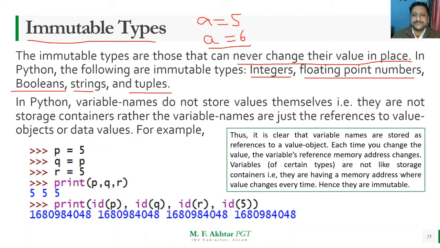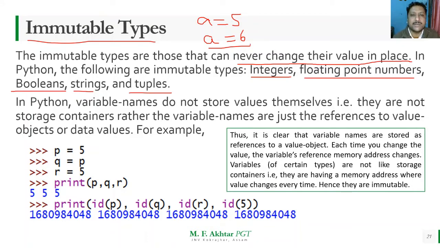There is something in Python. Actually, Python stores values differently. Variable names, a and b, the variable names given here, a or b or c, like these variables do not store or hold these values.